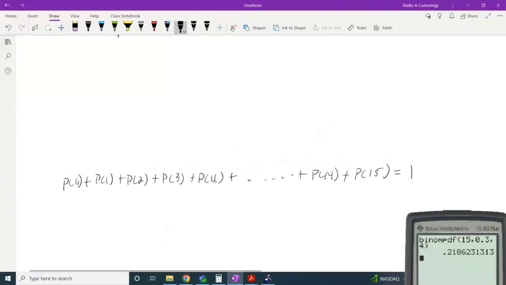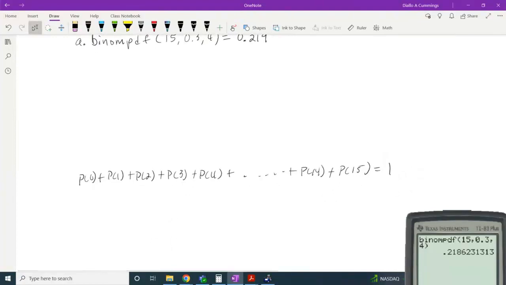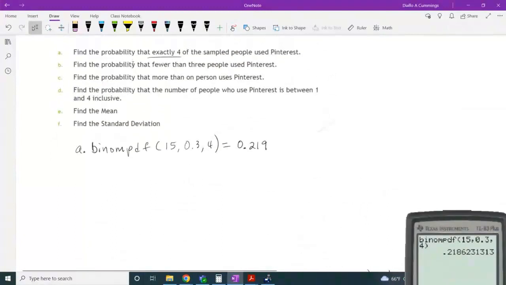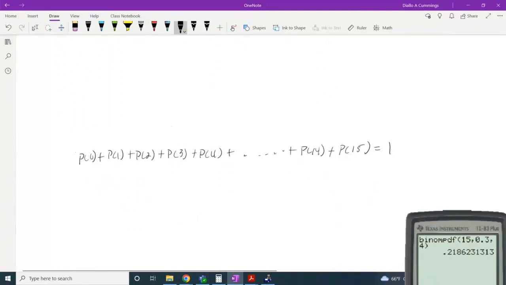If I map it out like we did earlier, the probability of 0 through 15, we want the probability that fewer than 3.